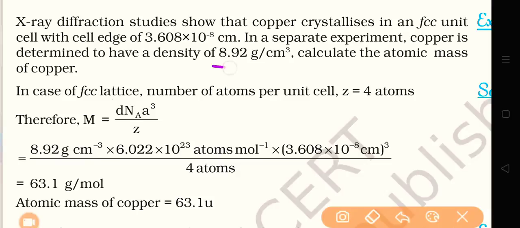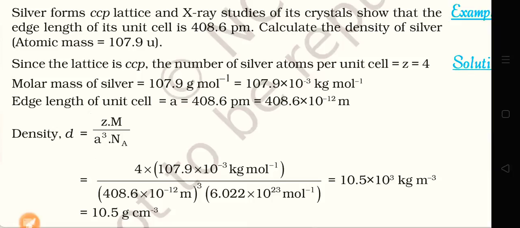Density is already mentioned, 8.92. Na we already know, 6.022 into 10 raised to 23. It is a fixed value. A cube, from the value of a you can find a cube, and Z. As mentioned, an FCC unit cell has 4 atoms per unit cell. So by putting in the values, you can find the value of M, that means atomic mass, which is 63.1 for the given example. So comparatively easy calculation.